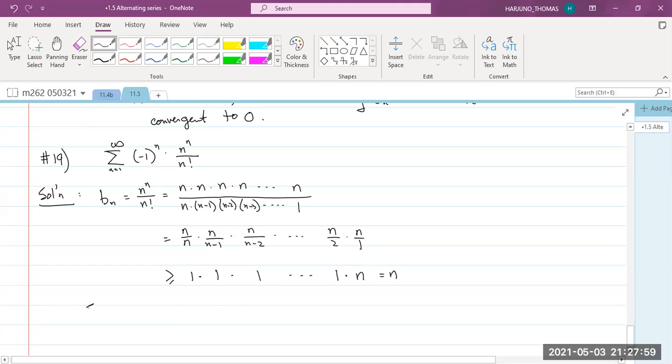In other words, Bn is greater than or equal to n, but that n goes to infinity.